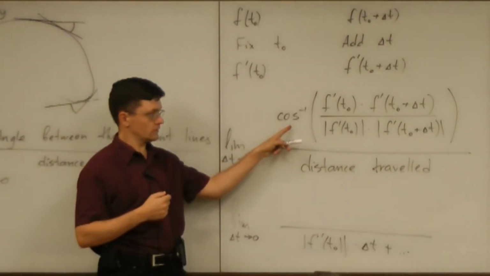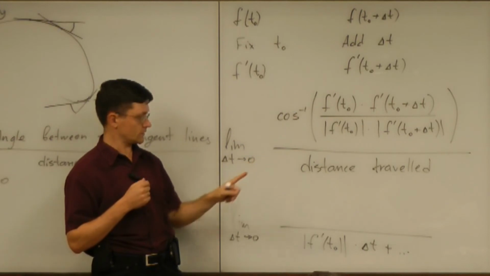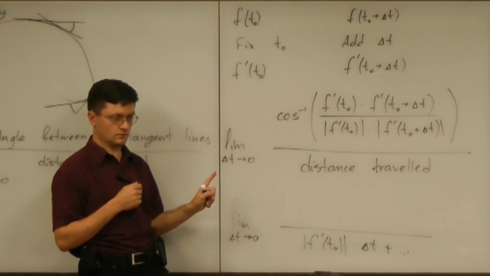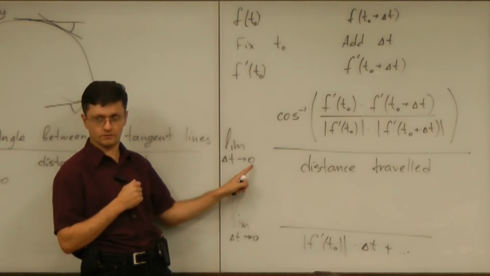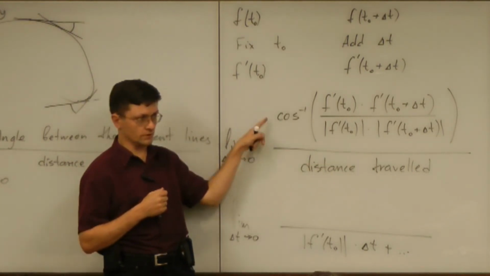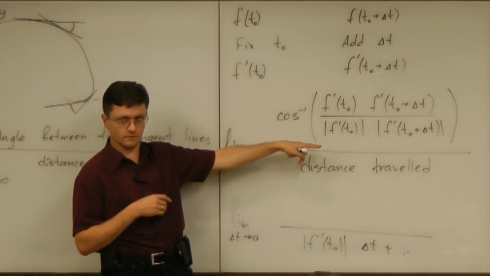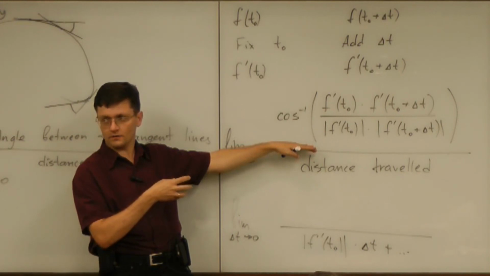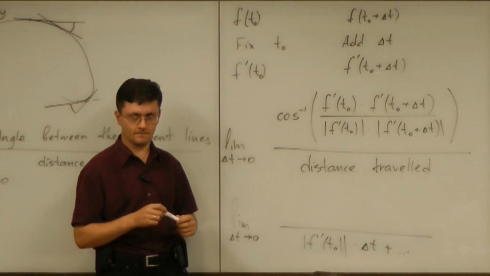So that means here I have to differentiate the whole thing with respect to delta t, and then plug in delta t equals 0. So we have to treat the whole formula in the numerator as a function of delta t. It shows up there. Right? Differentiate the whole thing with respect to delta t, and then substitute delta t.